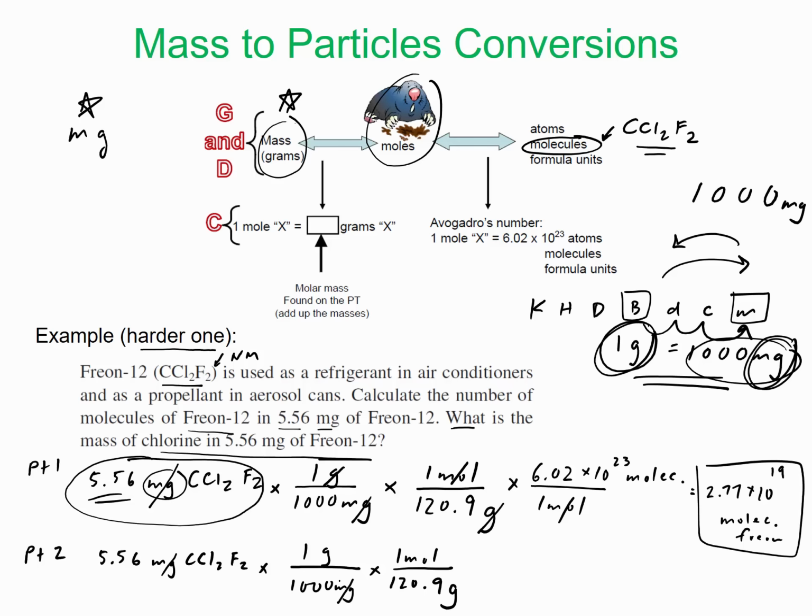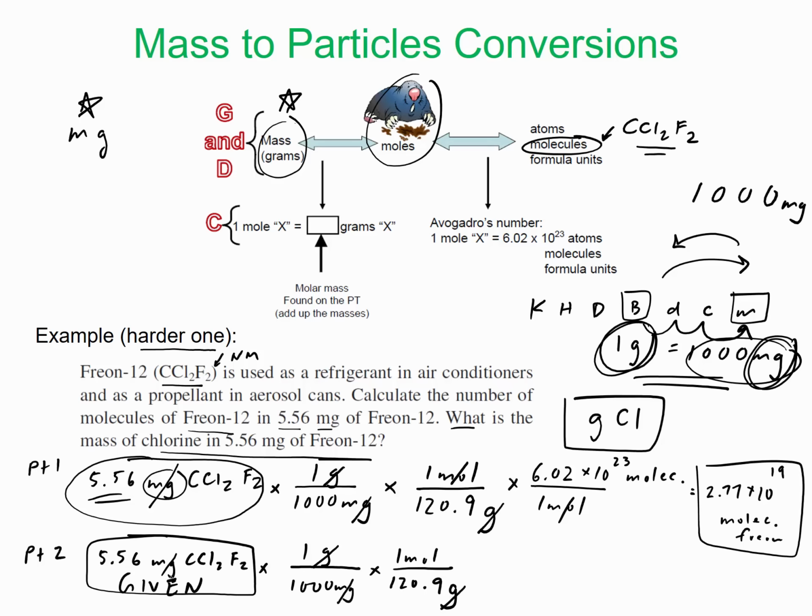So my milligrams goes away, grams, and grams. And so what directs me here is I want grams of chlorine, okay, from the beginning, and I have this. Okay, so this is what I'm given.